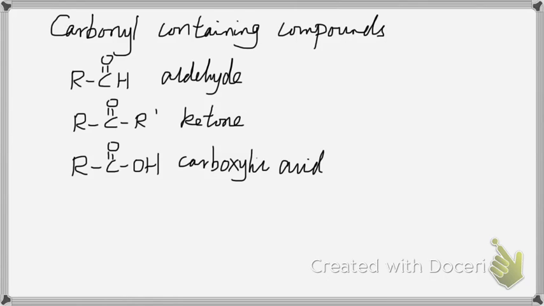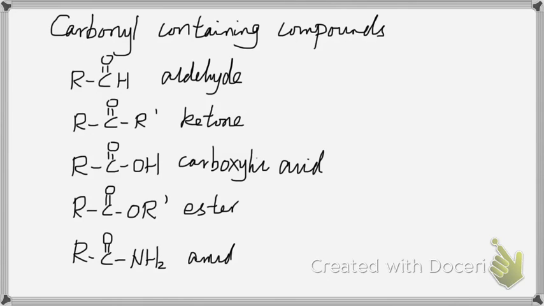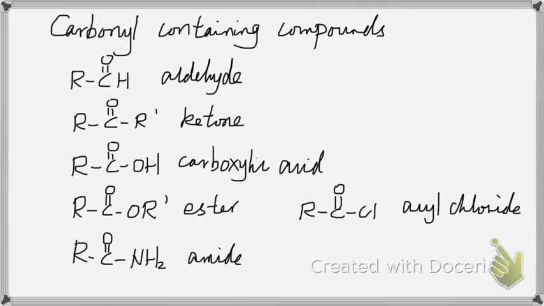Carboxylic acids, there will be an OH attached to the carbonyl. And the esters, an OR group attached to the carbonyl. Amide, there will be a nitrogen attached to the carbonyl carbon. Acyl chloride, a chloride is attached to the carbonyl carbon.